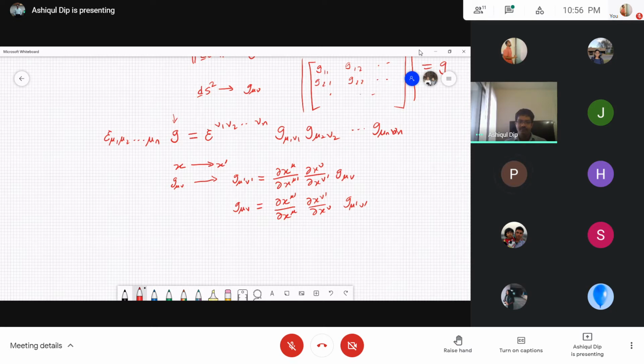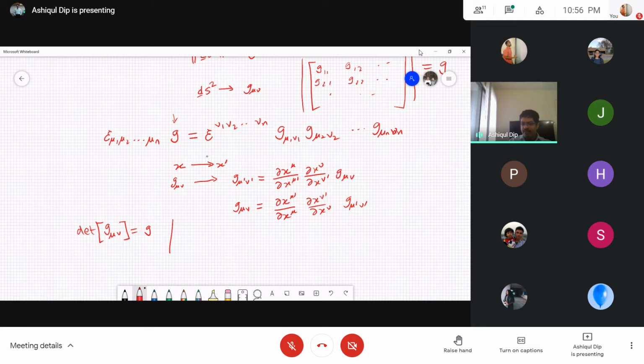Now say you construct a matrix out of G mu nu, first the matrix of G mu nu, and taking the determinant of that is defined as G, and it's just a name.